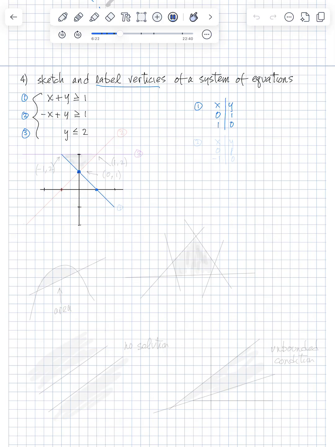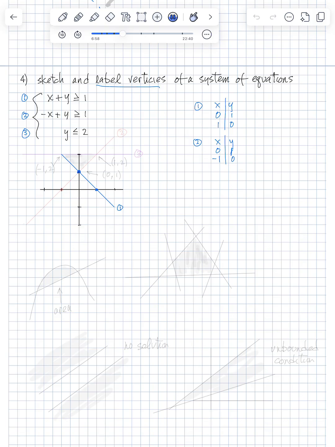And I'm just going to put one right by this line so I know which equation that is. So now let's look at equation 2. We have a do XY table. So when x is 0, y is 1. And when x is, let's say, negative 1, then we have y is 0.